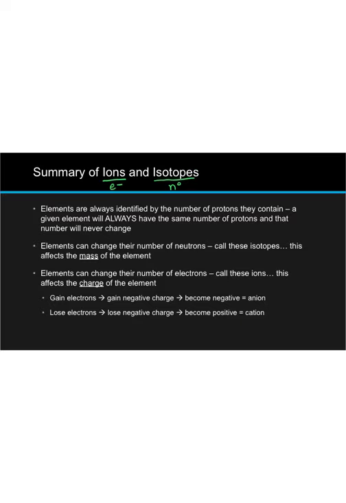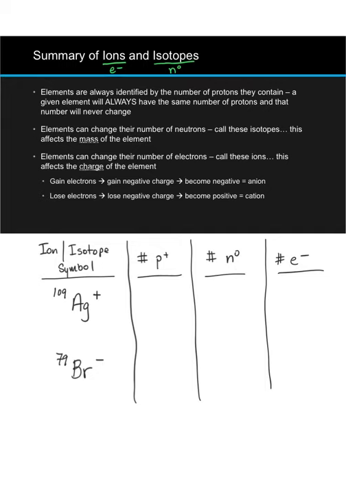Now what we're going to do to summarize things is determine the numbers of protons, neutrons, and electrons in substances that may be charged. So we have 2 isotope and ion variations. One is silver 109 plus.